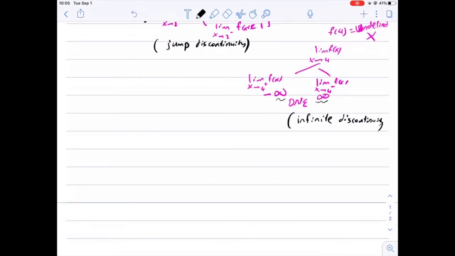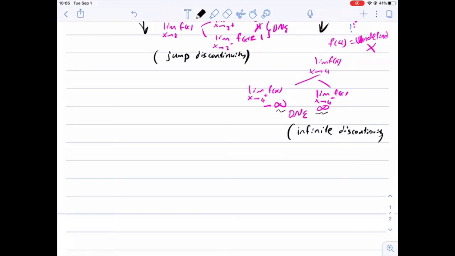So we can summarize the conditions that, if they are satisfied, then the function is continuous. We say that the function f of x is continuous at x equals a if the following conditions are satisfied.